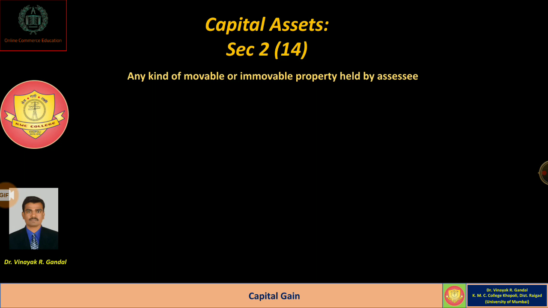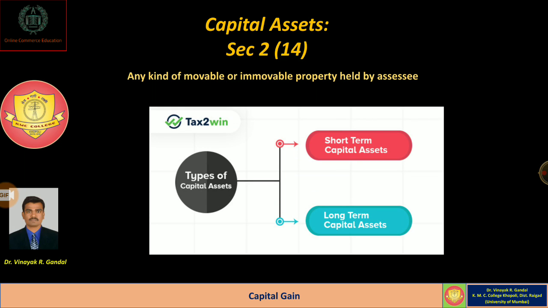Now we have to consider the types of capital assets. There are two types of capital asset, short-term capital asset and long-term capital asset. As per section 2 subsection 42A, a short-term capital asset means a capital asset held by an assessee for not more than 36 months immediately preceding the date of transfer.